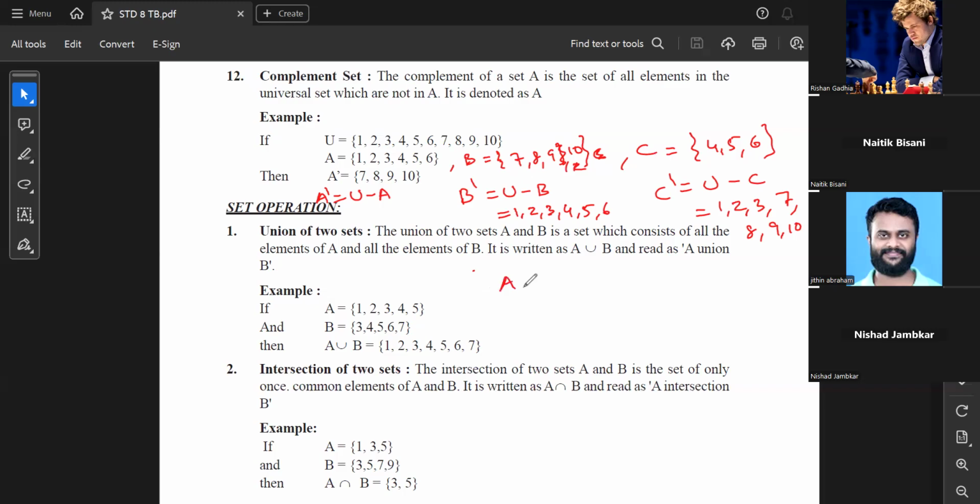Or basically U minus A, B, C. Can it be taken as a whole, A plus B plus C in the bracket, and then we put a dash? Can this be considered as the complement set? The complement set will be 10, because if we remove 10 from B, then the complement set will be 10, right?